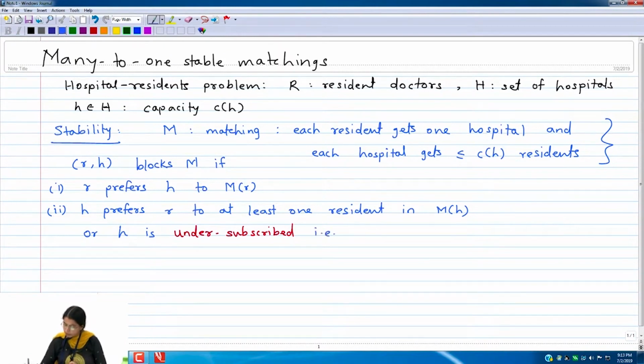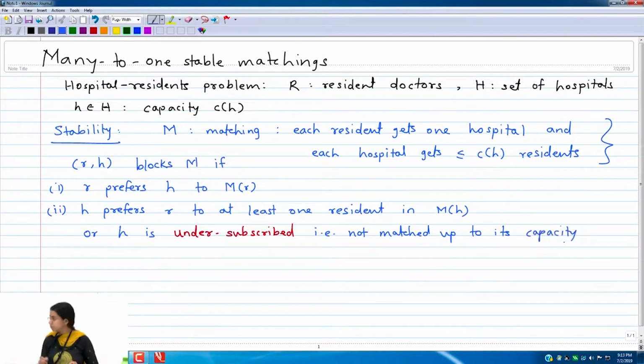That is, not matched to its capacity. So we say that a matching is stable if there is no such blocking pair with respect to that matching.